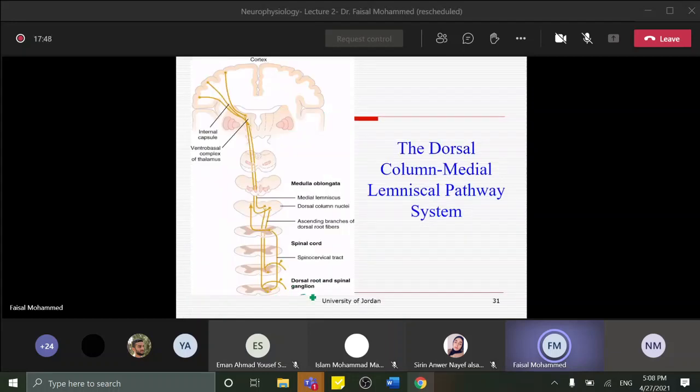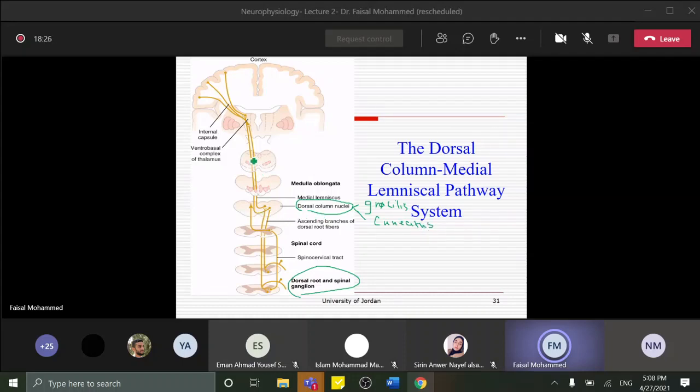Let's go over the same thing from the receptors. They go through ascending branches to the dorsal column nuclei, gracilis and cuneatus. Gracilis is called in Arabic the slender nucleus, and cuneatus the wedge-shaped one.